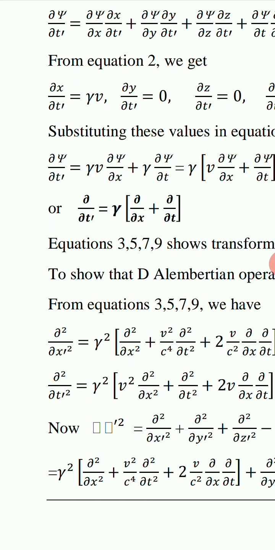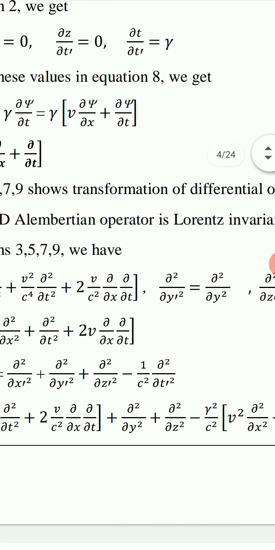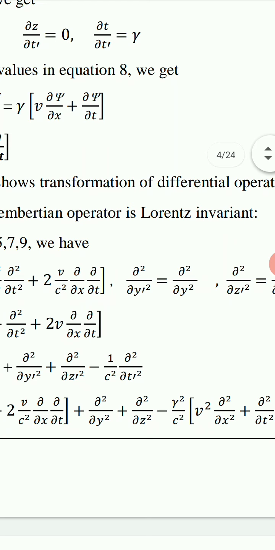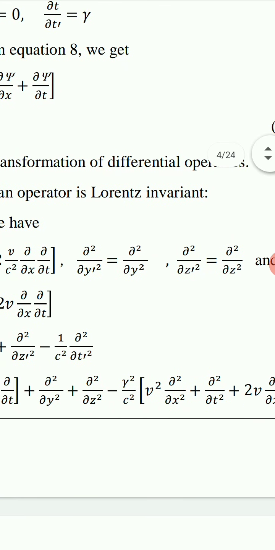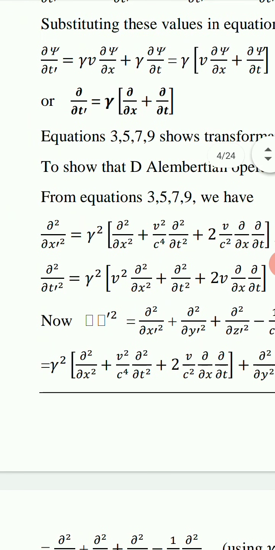If we differentiate one more time, we find d2 upon dx dash square, d2 upon dy dash square, d2 upon dz dash square, and d2 upon dt dash square.